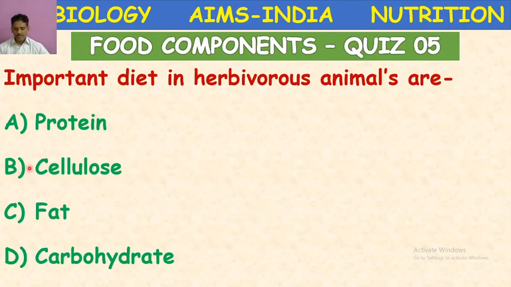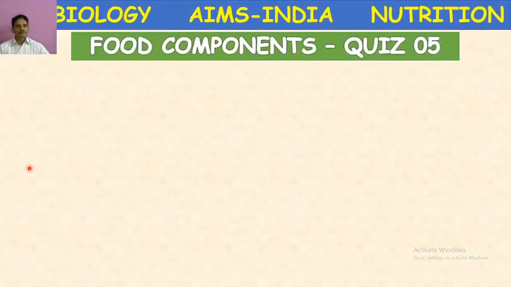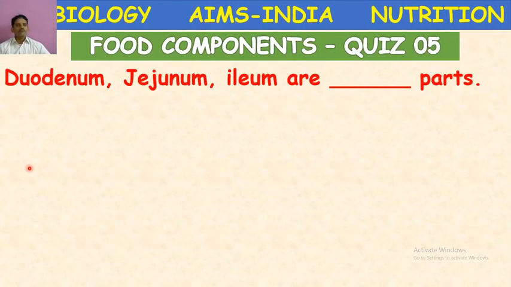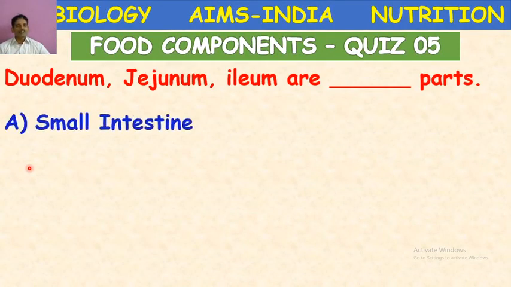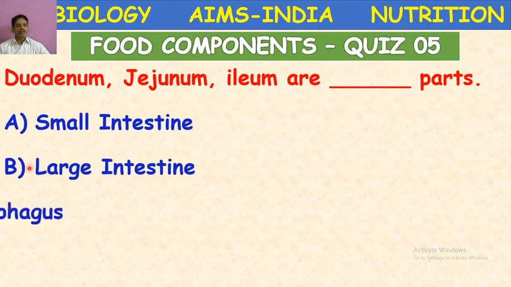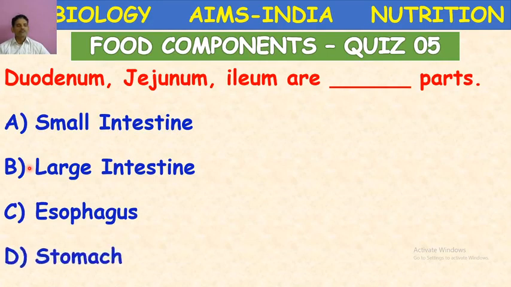B is the right option. Duodenum, jejunum, ileum are parts of small intestine, large intestine, oesophagus, stomach. Duodenum, jejunum and ileum are the parts of the small intestine. A is the right answer.